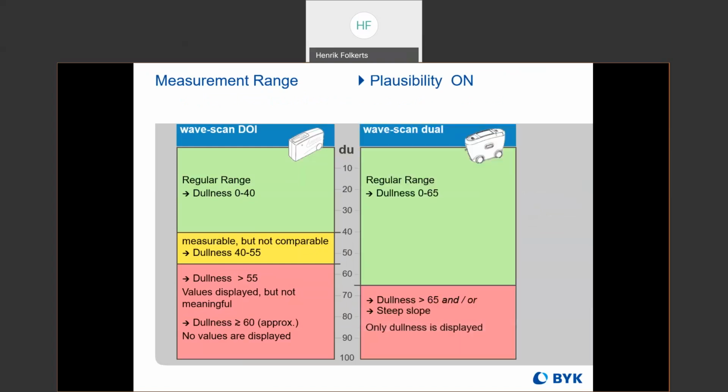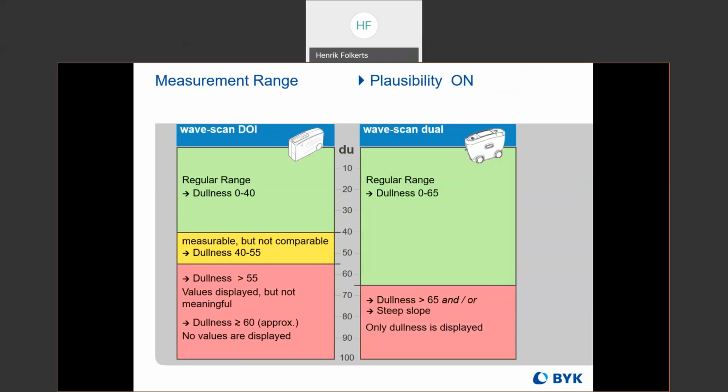One of our newer units is called the WaveScan Dual. And the reason it's called the Dual, this is as opposed to the old WaveScan DOI, or the one some of you might be more familiar with, the WaveScan 2. The older WaveScan models can only measure up to a dullness range of 40.